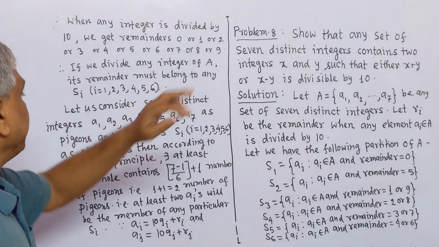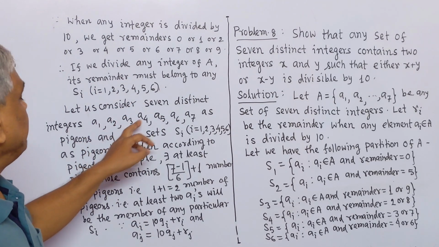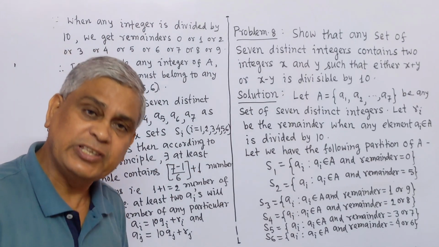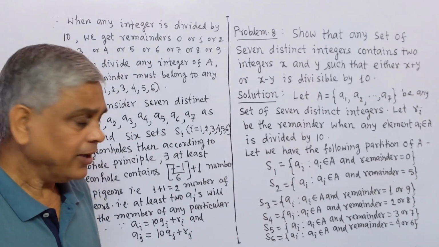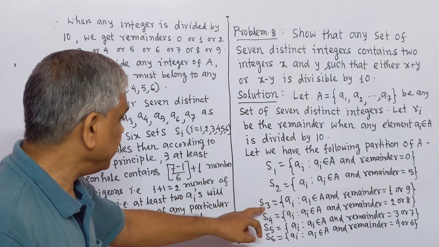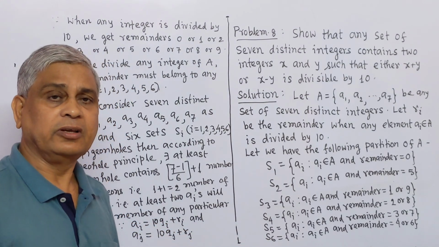Let us consider the 7 distinct integers a1, a2, a3, a4, a5, a6, a7 as pigeons, and S1, S2, S3, S4, S5, S6 as pigeonholes.